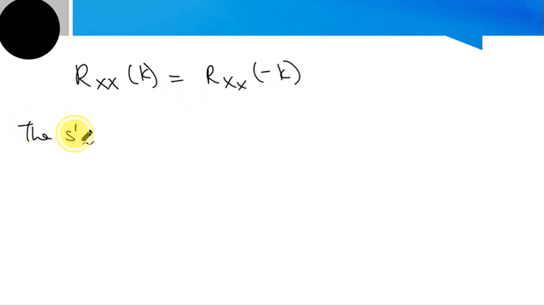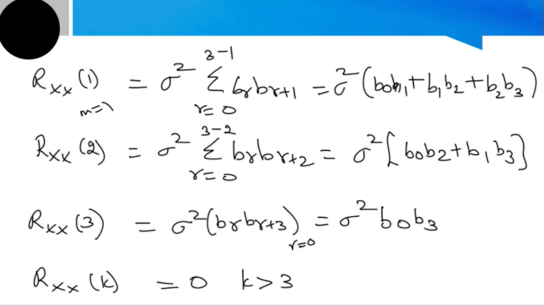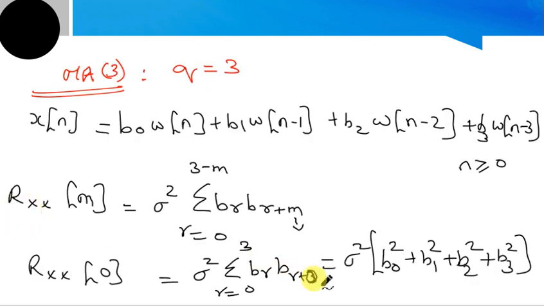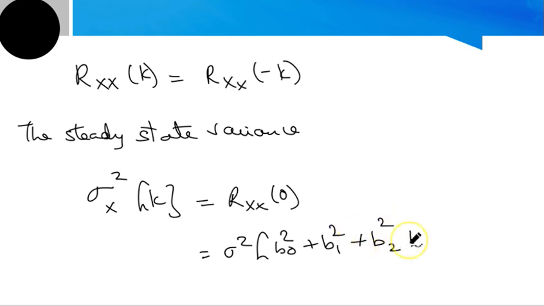Hence, the steady state variance for the given problem is sigma x squared of k equal to Rxx of 0, which in this problem is sigma squared into b naught squared plus b1 squared plus b2 squared plus b3 squared under this case of study, moving average of order 3.